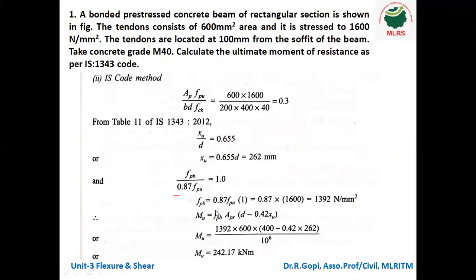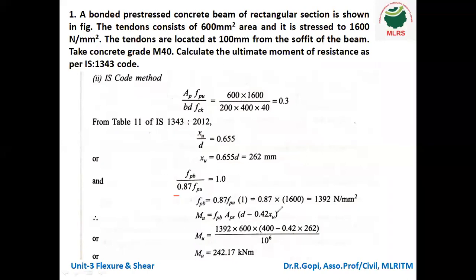So therefore FPB is equal to 0.87 FPU into 1. So 0.87 into 1600. 0.87 into FPU. FPU value how much? It is the stress value in the tendon, 1600. So therefore 0.87 into 1600, we got 1392 Newton per mm square.